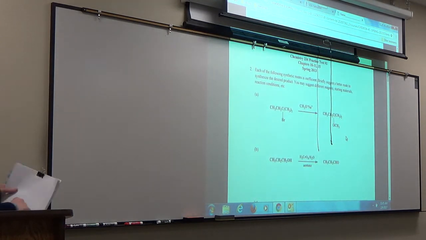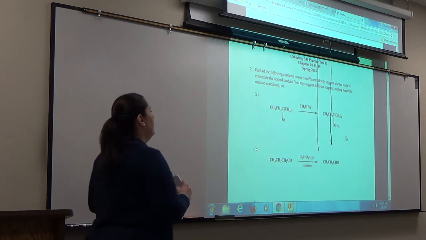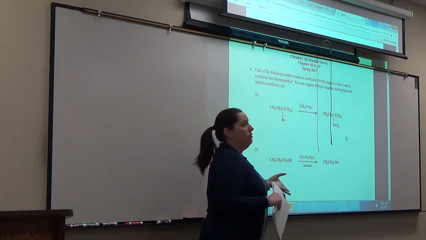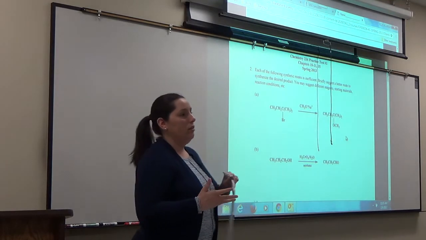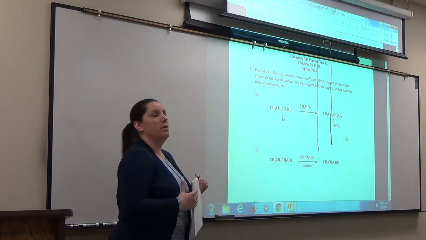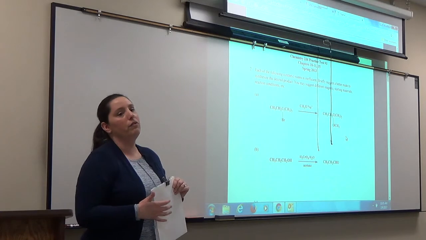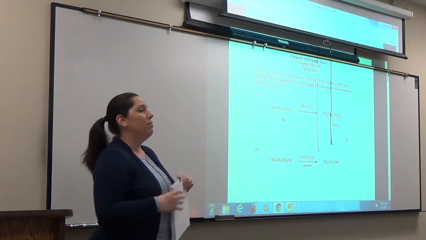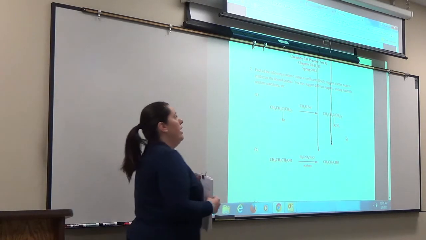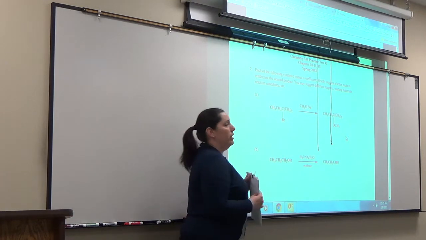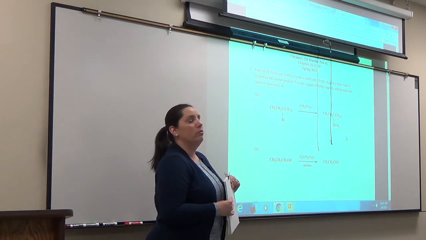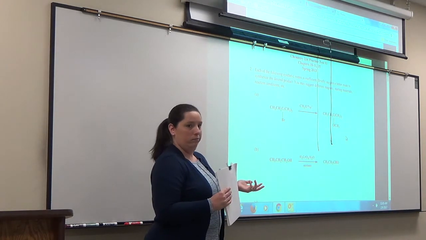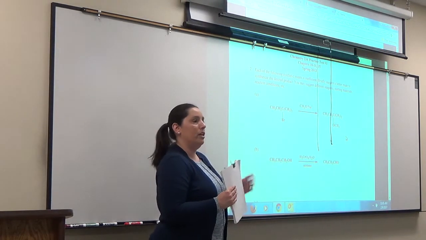Okay, so this question is telling you that you're given the synthetic routes and that they are not necessarily the best. Okay, so they're inefficient. Doesn't mean they would not give you this product, but they may not be the best way of doing it. And what I want you to do is to think about it and suggest how to change it. So you can decide that you want to change the reagents and keep everything else the same.